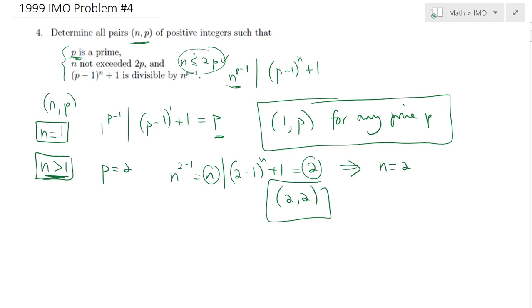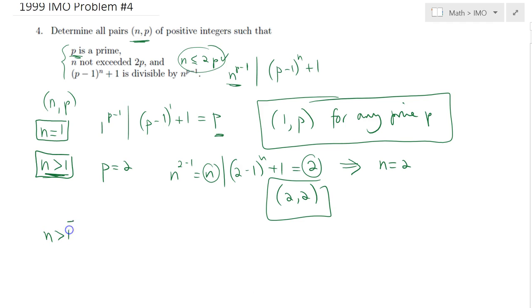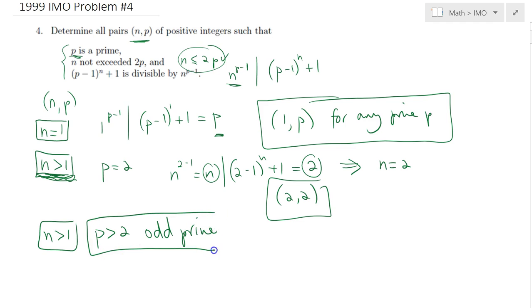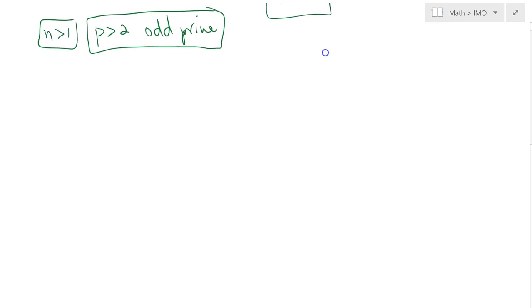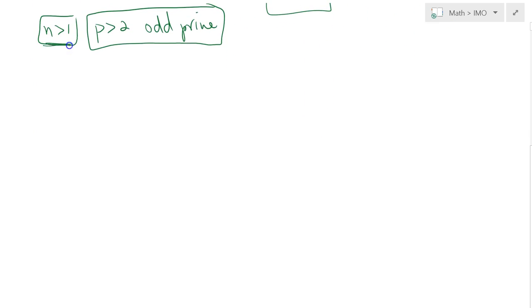Therefore, for the rest of the proof, I will assume that not only is n strictly greater than 1, but also that p is an odd prime greater than 2. Let me remind you of the third condition of the problem again.